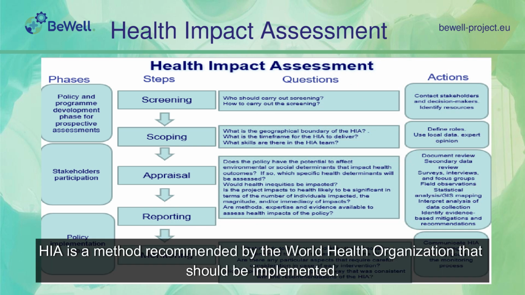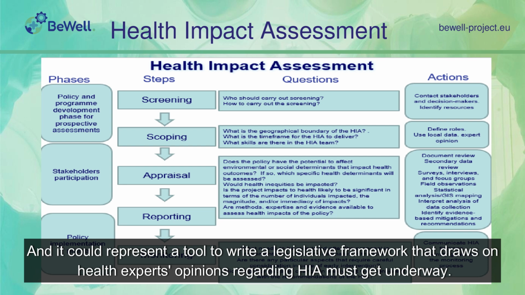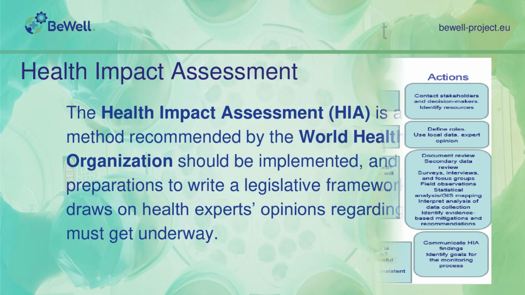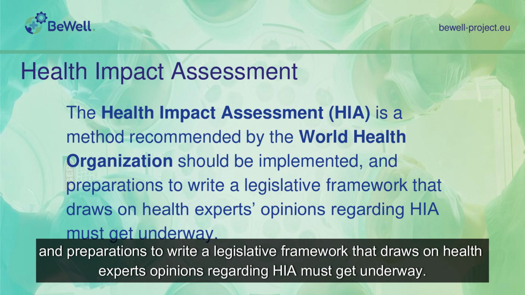HIA is a method recommended by the World Health Organization that should be implemented, and it could represent a tool for a legislative framework; preparations to write a legislative framework that draws on health experts' opinions regarding HIA must get underway.